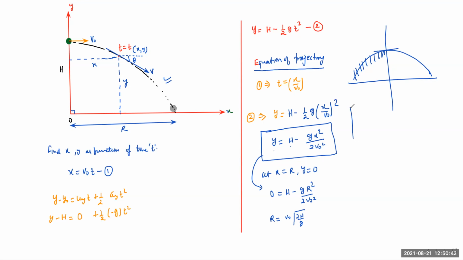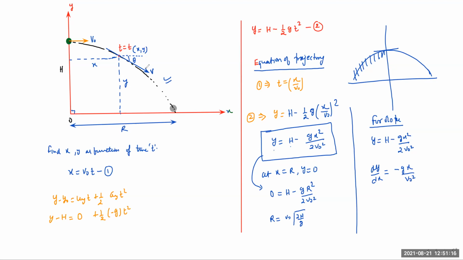So for slope, if you know the equation, finding the slope is very easy. Mathematically dy by dx represents slope, and if you differentiate, what you get? Minus g x by v naught square.